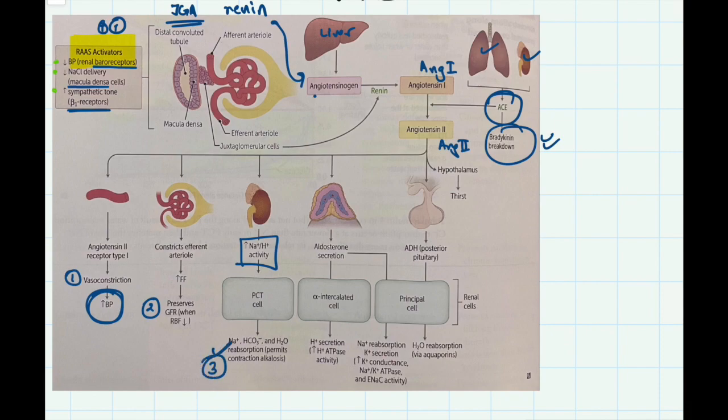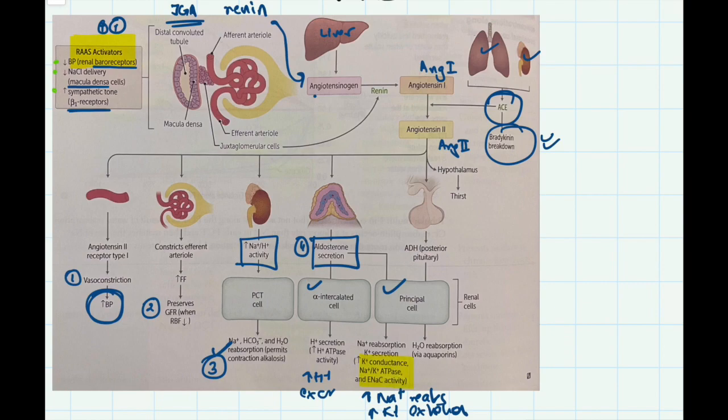It also leads to the secretion of aldosterone that acts on alpha intercalated cells to increase the H plus excretion and on the principal cells to increase the sodium reabsorption and increase potassium excretion, right, by acting on the sodium potassium ATPase and the ENaC channels.